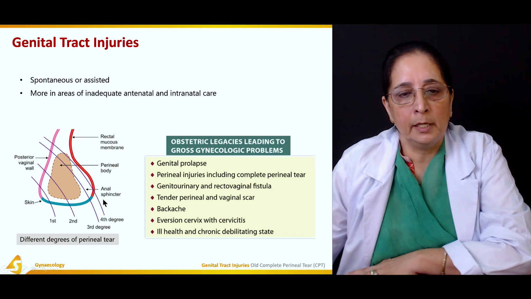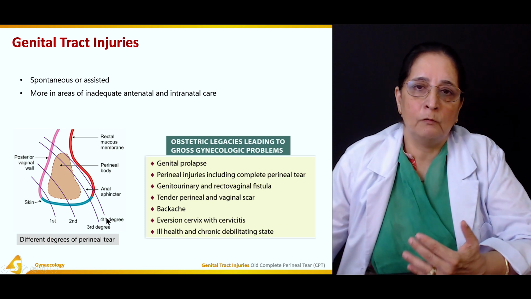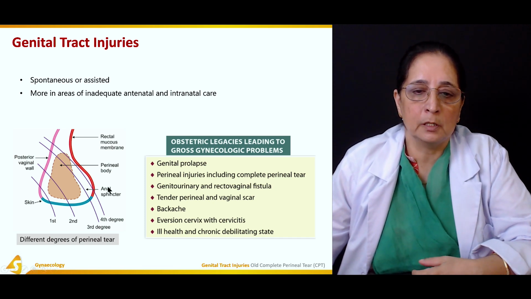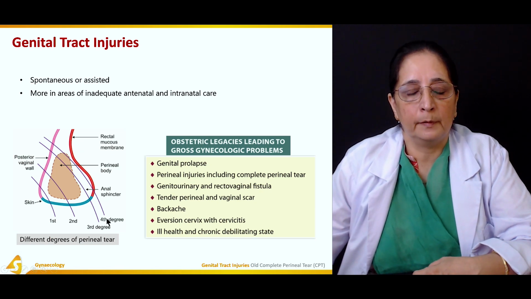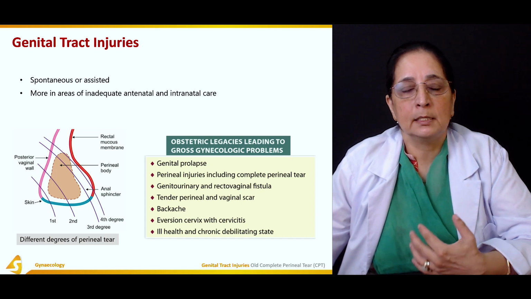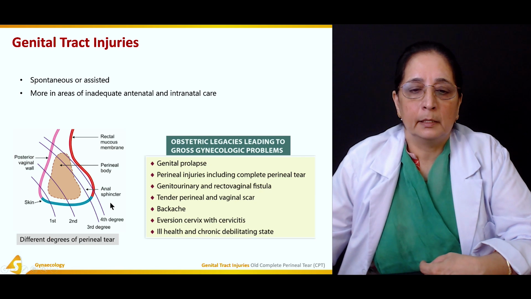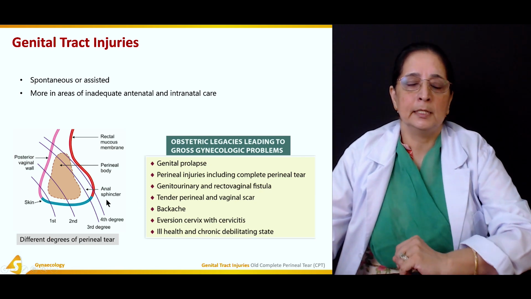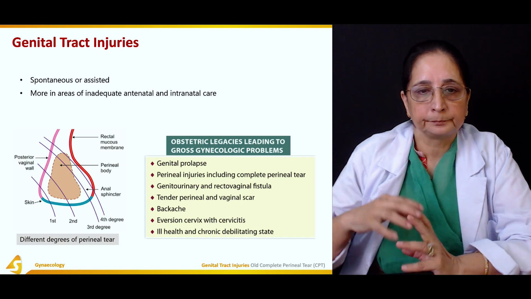And in the fourth degree, it almost involves the anal sphincter also, and it is a more advanced, deeper type of tear. For this type of perineal tear, repair surgery is needed.